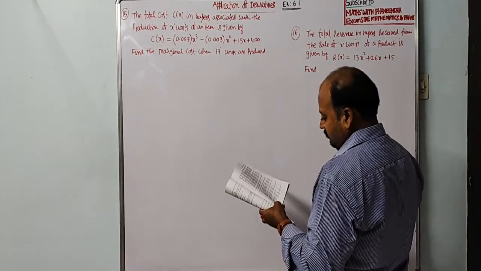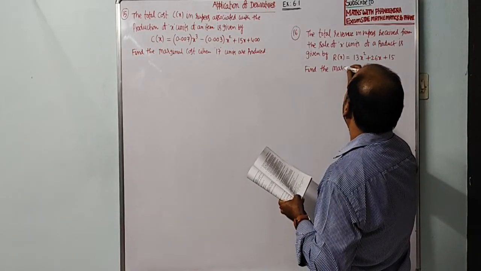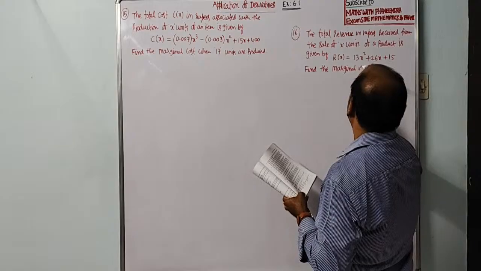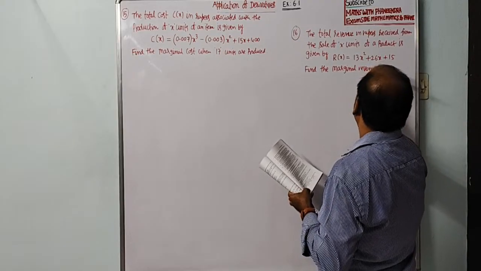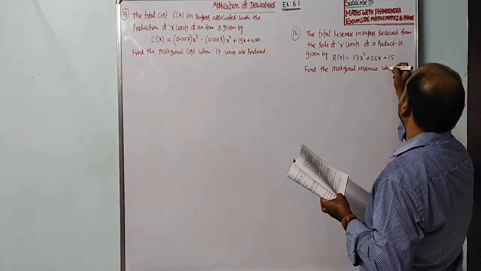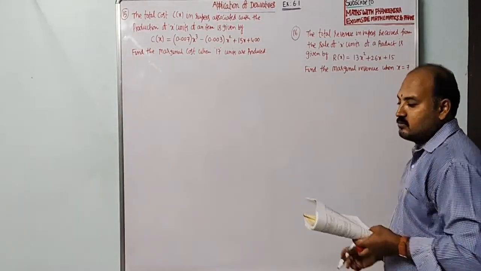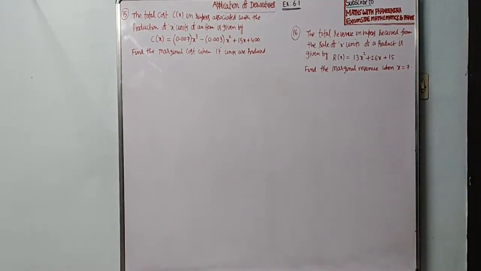Find the marginal revenue when x is 7. So let us continue the explanation with that.